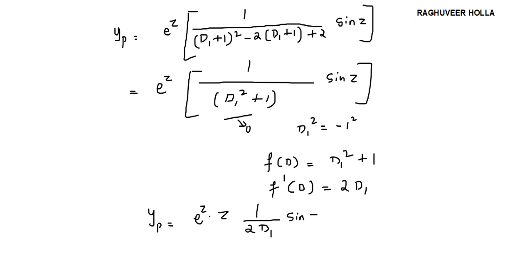Now we have 1 by D1 as integration of that function. Let us do that. Now your yp will be z e to the power of z divided by 2 and integration of sine z dz. The integration of that is minus cos z.